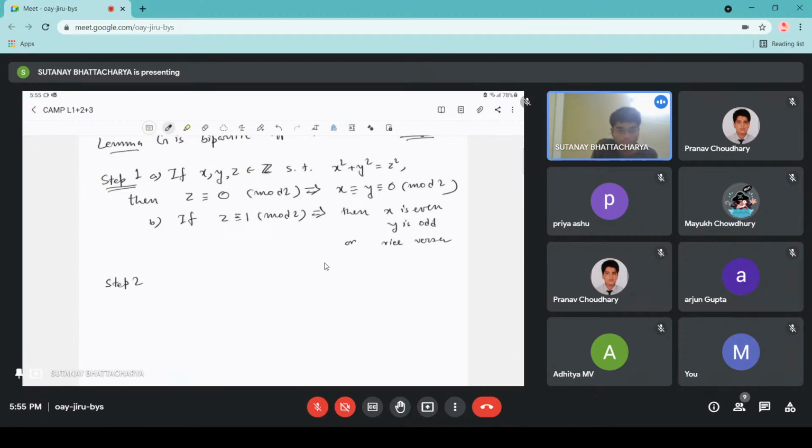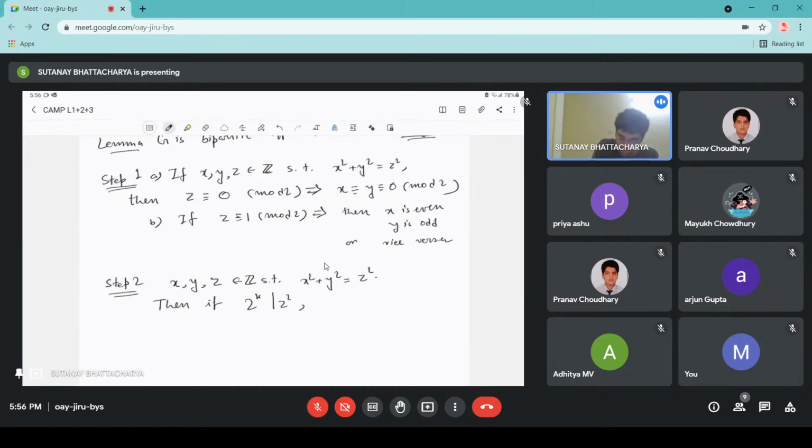Step 2: let x, y, z be integers. If 2 power k divides z square, then 2 power k divides z, 2 power k also divides x, and 2 power k also divides y.